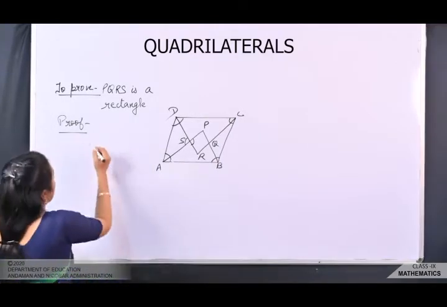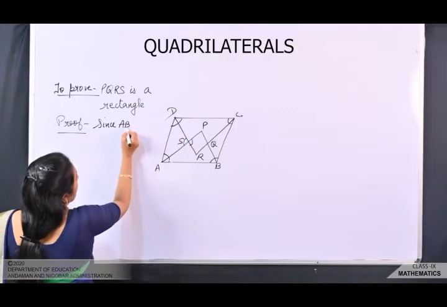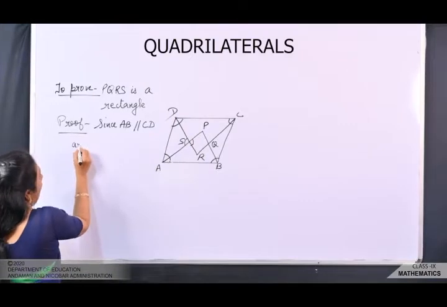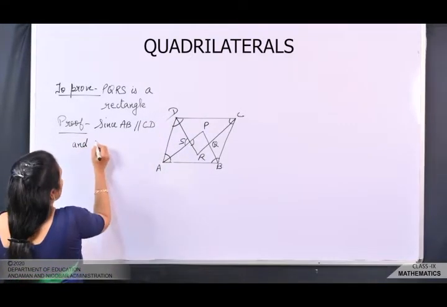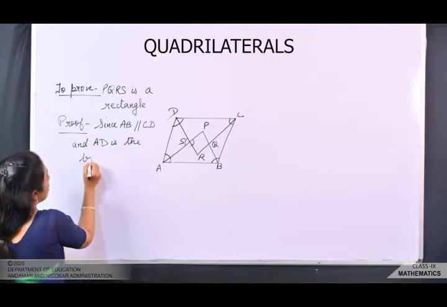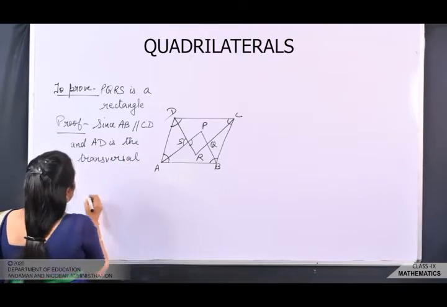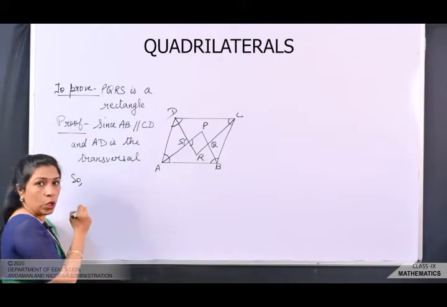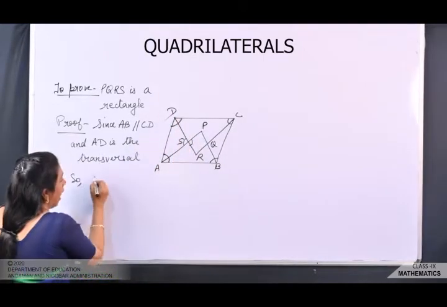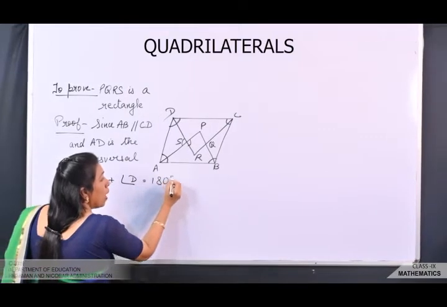So what we'll write here: since AB is parallel to CD, these two lines are parallel, and AD is the transversal, so angle A plus angle D is equal to 180 degree.